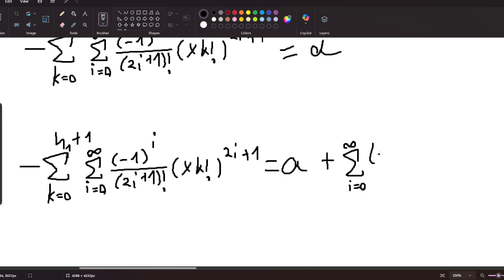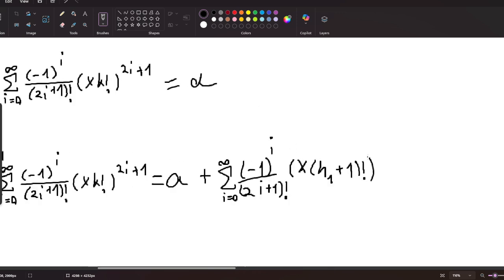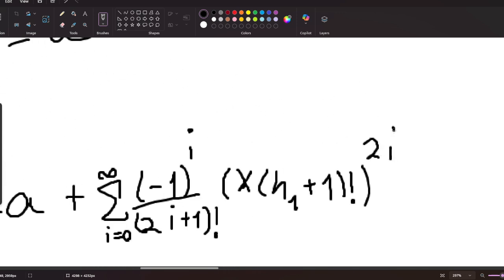and then here we're going to have minus 1 to the power of i over 2i plus 1 factorial times x times n1 plus 1 factorial to the power of 2i plus 1.